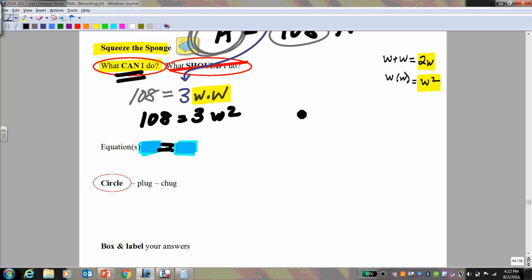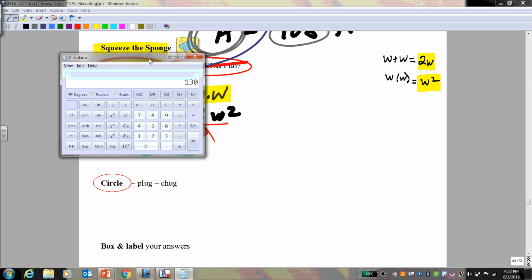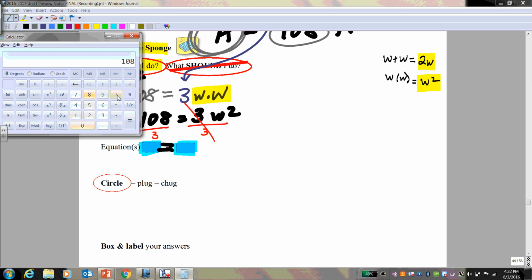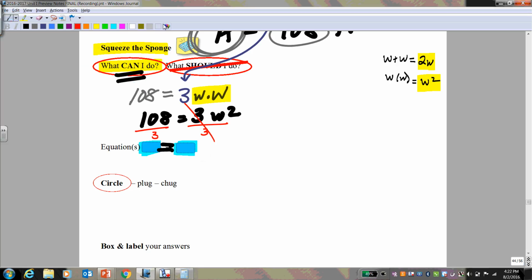We're going to solve. Let's do that by dividing by 3. And 108 by 3 is 36. So I have right here, 36 equals W squared.